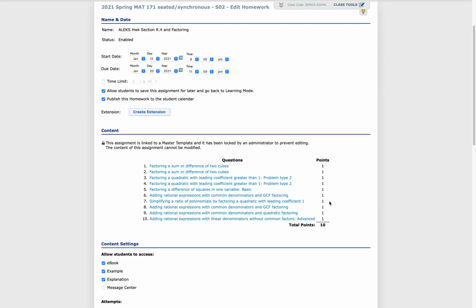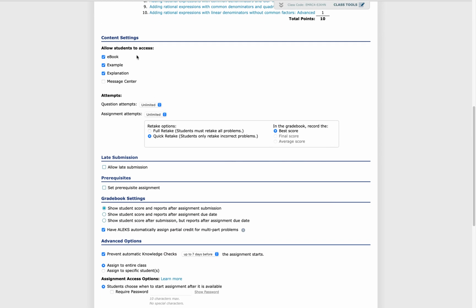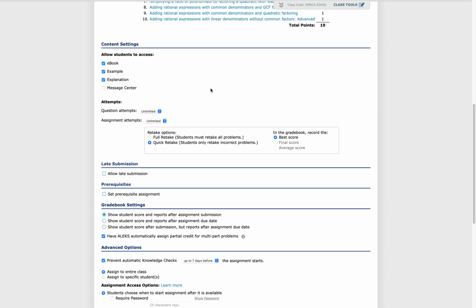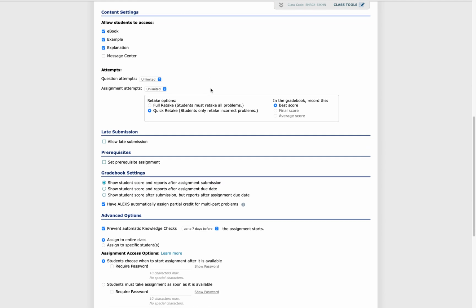Now we have 10 problems in the mix, and for the Alex homeworks, you'll be able to access the ebook, an example, and an explanation. Let's say that if you attempt one time and you get half of them correct, like 5 out of 10, the way this is set up is that you can build upon the 50. Once you take it a second time, the 5 that are correct are already recorded as such, and you have an opportunity to build upon that half credit.